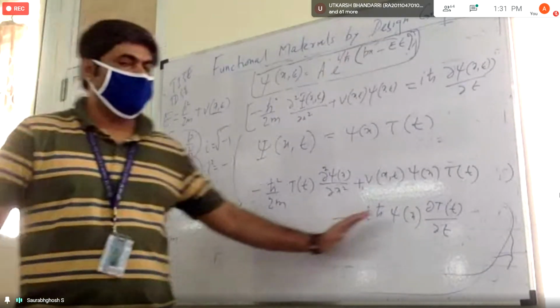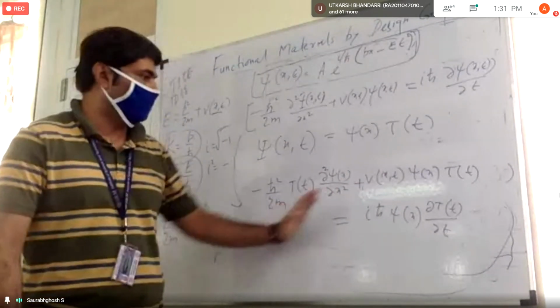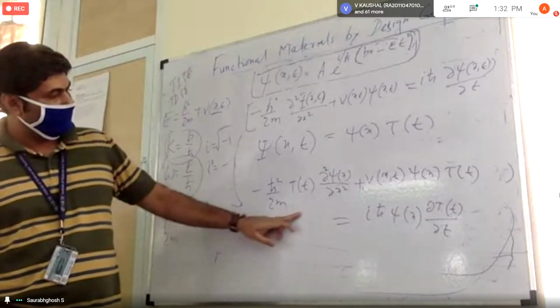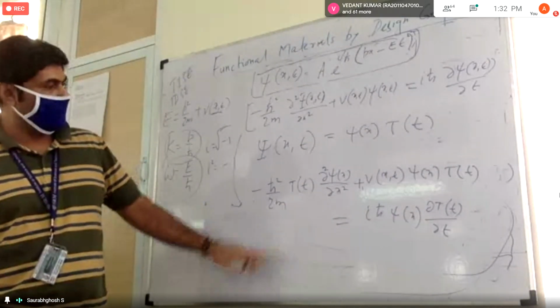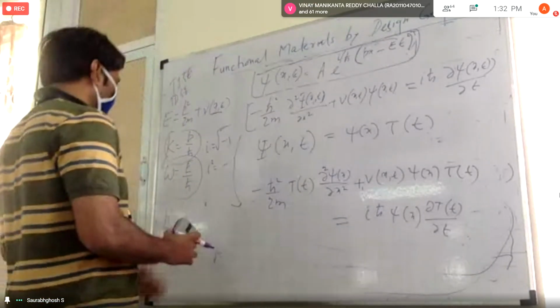Now I divide both the parts by psi of x, so I am going to divide both the parts with this quantity. If I do so, then you see this T will get cancelled. So what we will have is the following.